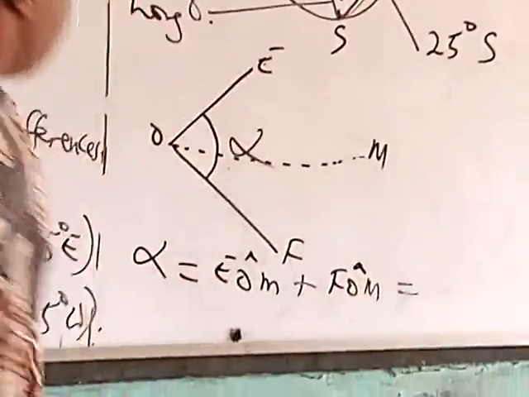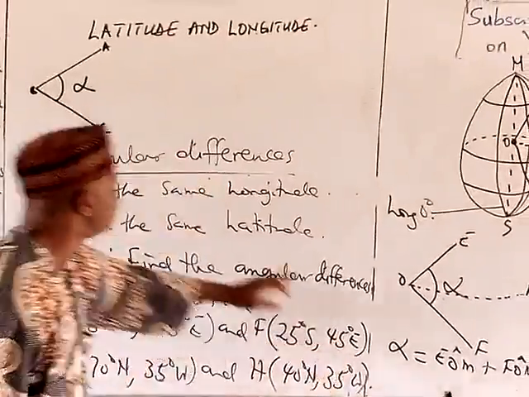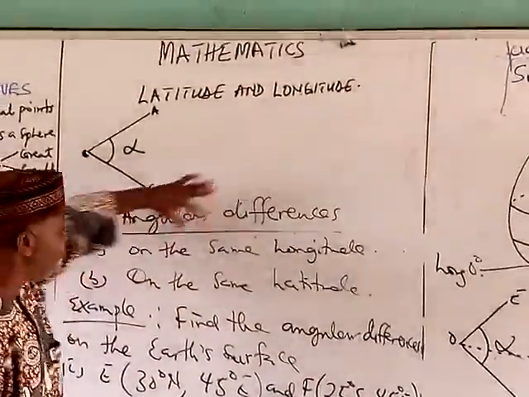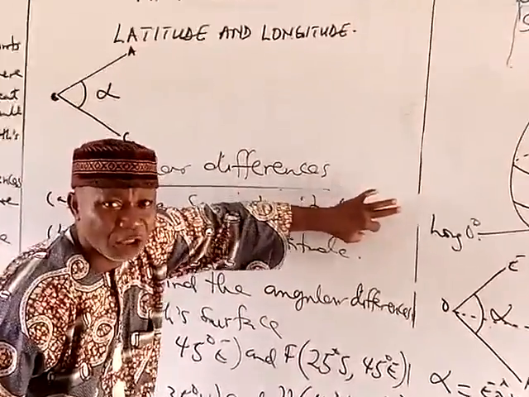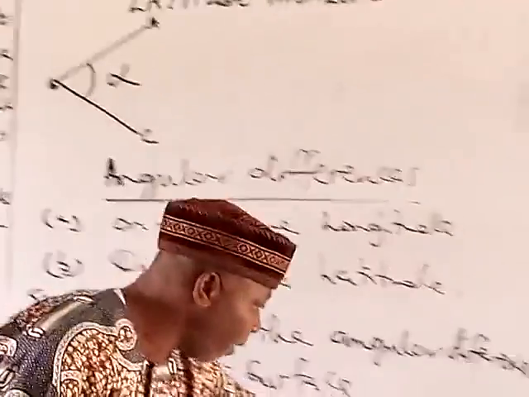That is that angle. This is 45 degrees. That is, you have angular difference on the same longitude, 45 degrees, 45 degrees.